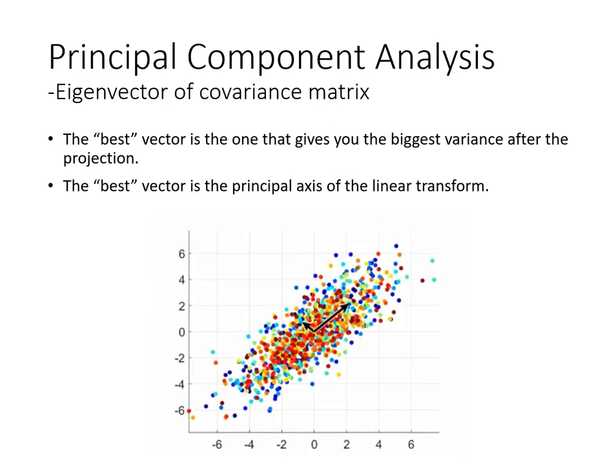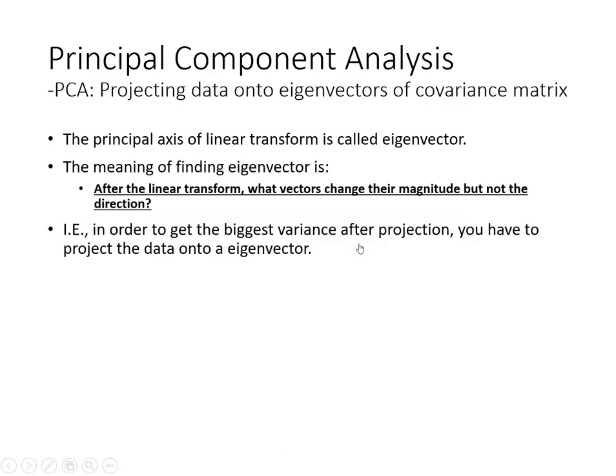These two lines, or vectors, are called the principal axes. This is the best vector to project onto if you want to reduce the data while maintaining the structure of the data. And the principal axis of this linear transform is called the eigenvector.